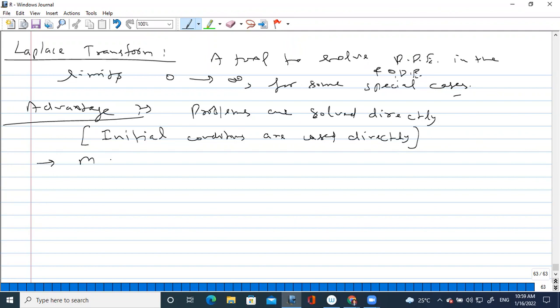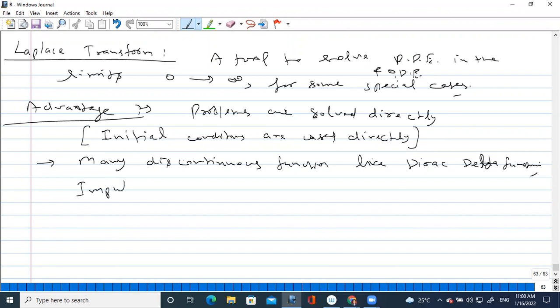Many discontinuous functions also can be solved, like the Dirac delta function, or some impulse function, can be solved directly.